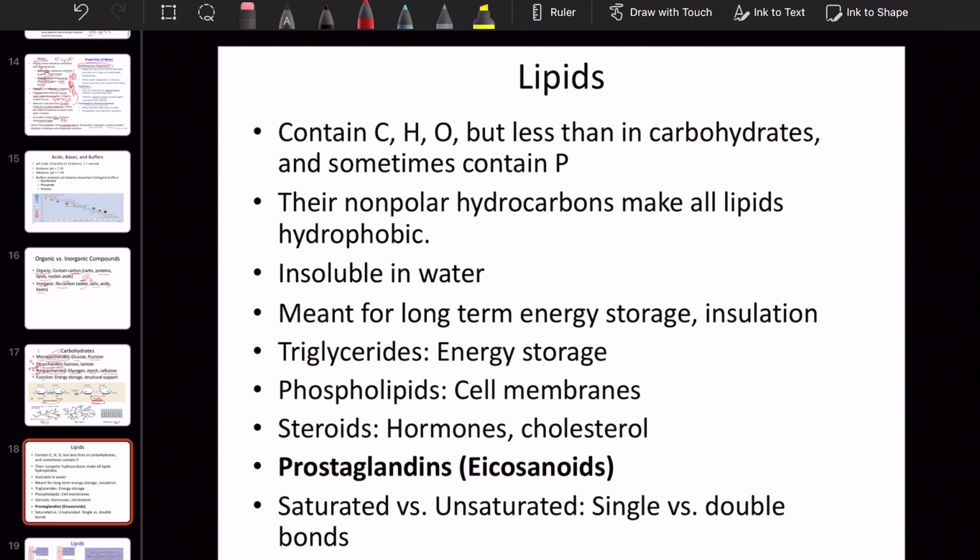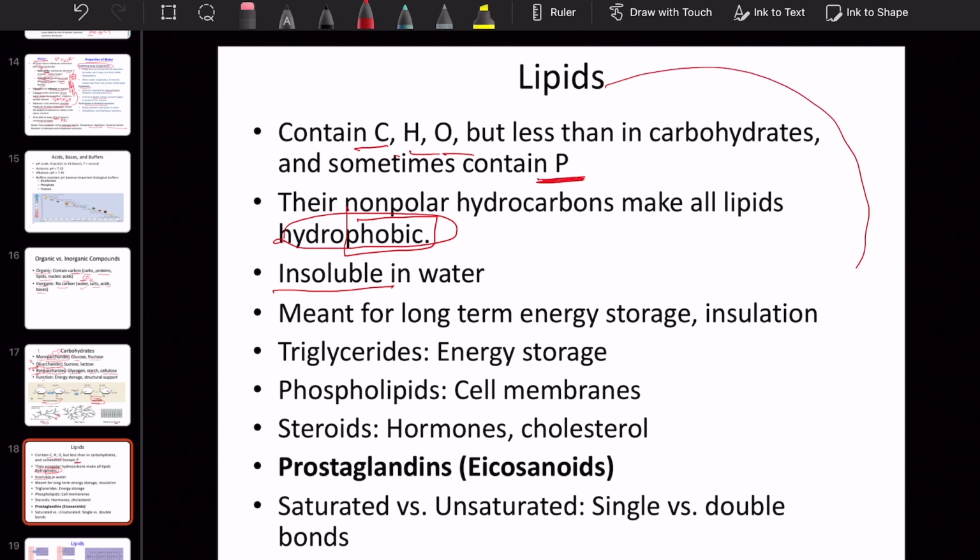Lipids contain carbon, hydrogen, oxygen, and sometimes you also see phosphorus. Lipids are hydrophobic. Like I said, phobic means fear of water. Because of that, they are insoluble in water.